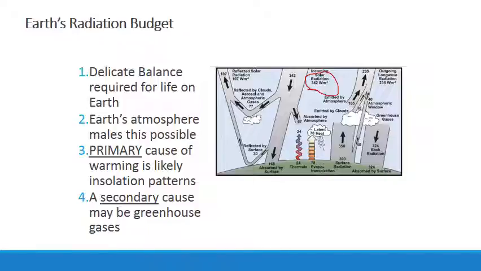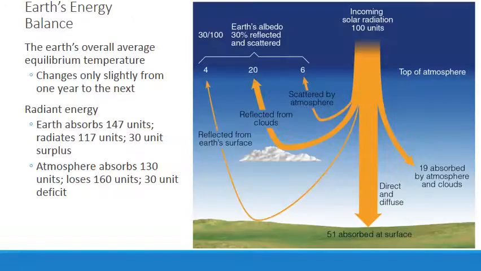So it's not a huge part, not the majority of the radiation, but it is an increase by a measurable amount of energy. Earth's atmosphere is what's driving this warming trend. The primary cause of warming is likely insolation patterns, but a secondary cause may be the greenhouse gases.